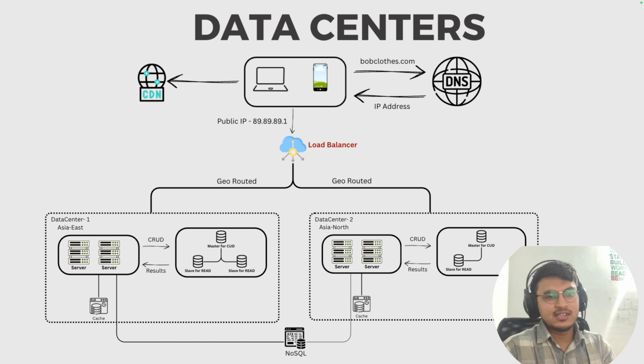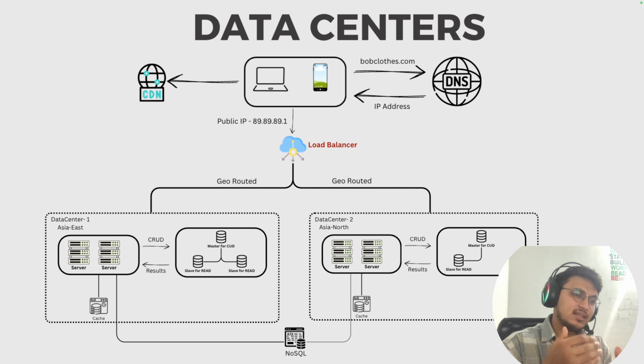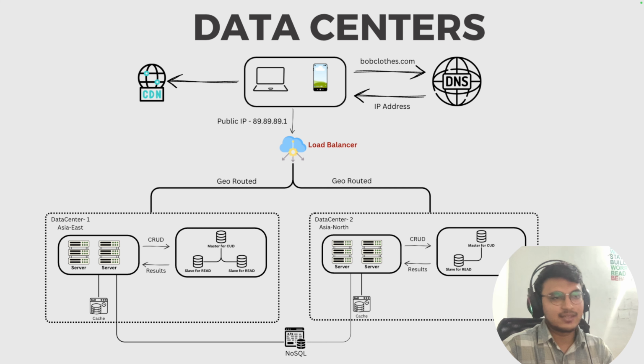If there is a failure and Asia East goes down, all the traffic comes to Asia North. So in case of failovers, it can be helpful to switch, because one thing is you are getting more latency, that is fine. The second thing is you are not even able to access the website, which is much more disastrous. So these failure scenarios can also be handled.